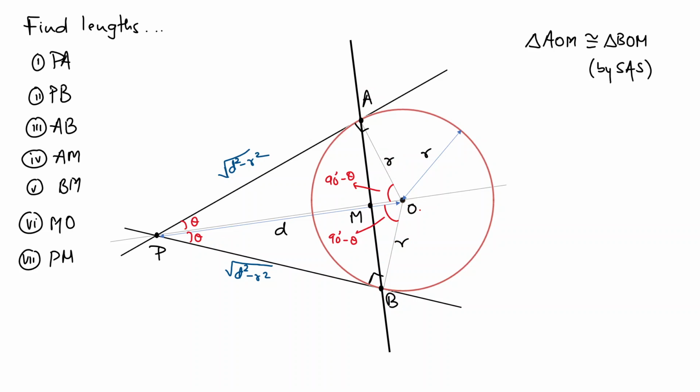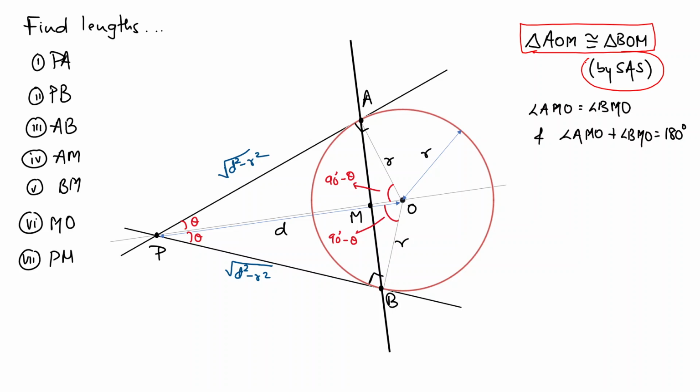So by SAS, you can prove that these two triangles are congruent, right? This means AMO is equal to BMO, and also they add up to 180 degrees because they are on a straight line. So these two angles, AMO and BMO, should be 90 degrees, so here you got these 90 degree angles. Okay, so pretty rigorous, right?